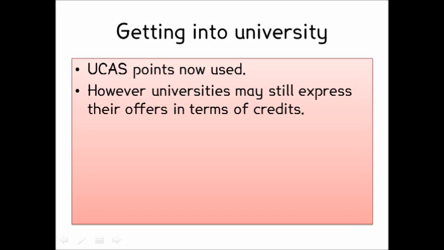You'll find that later in the year, around about January, when you start to get offers from universities, that although UCAS points are used for access courses, in most cases the universities will still phrase their offers in terms of X number of credits at distinction or merit. Or they might just say that they just want to see you pass the access course.